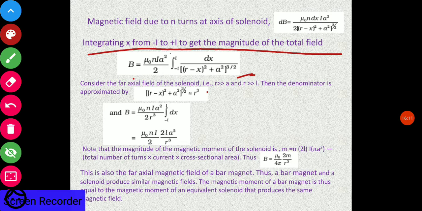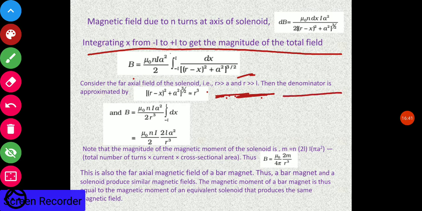Now again, let us consider the axial field of the solenoid. Since in the case of a solenoid, its length is very large in comparison to its diameter, here R is very much larger than A, and R is also very much larger than L, the length of the solenoid. Here the point we are taking is very far away from the center of the solenoid.